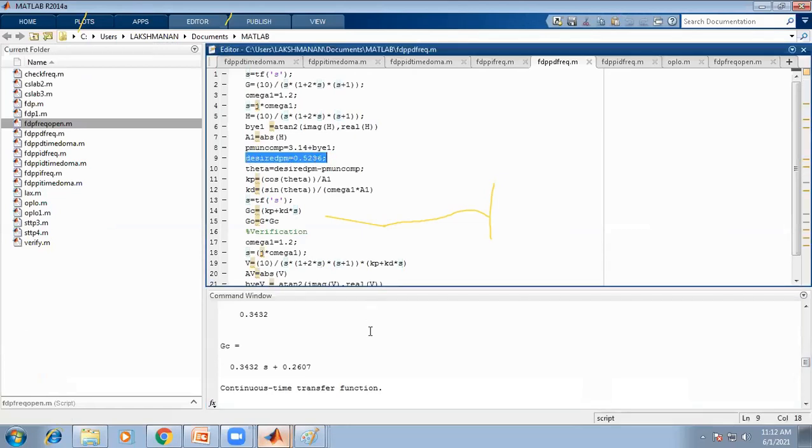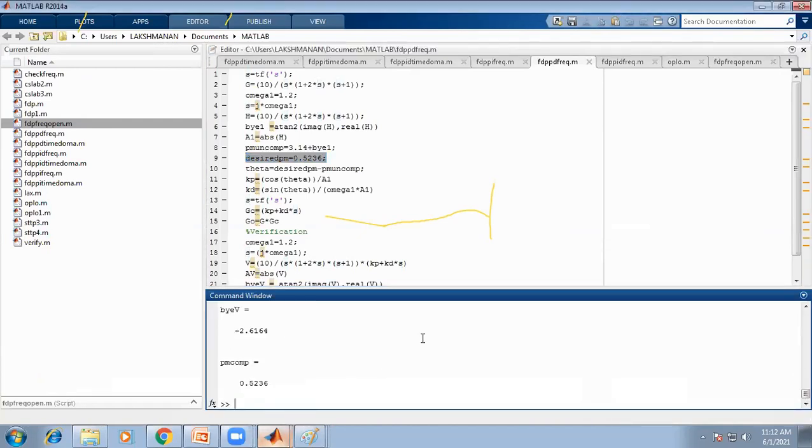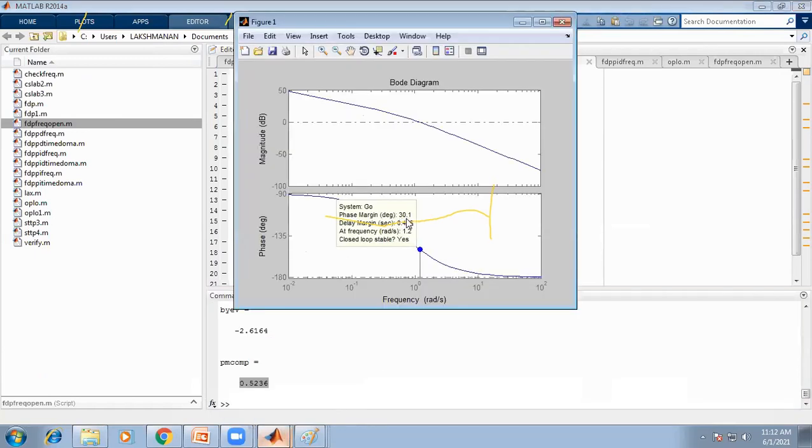So the design is also verified by the coding. You check now, 0.52, that is the compensated phase margin. So we get the answer 30.1 and 1.2. So my design is verified.